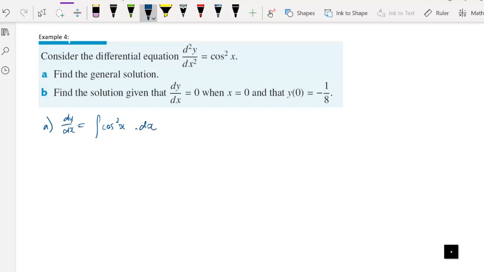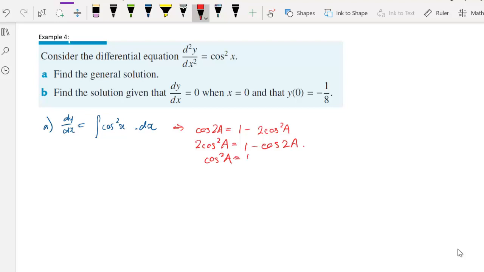Now, we know that cos 2a is equal to 1 take 2 cos squared a, and therefore 2 cos squared a is equal to 1 take cos 2a. And therefore cos squared a is equal to 1/2 of 1 take cos 2a.